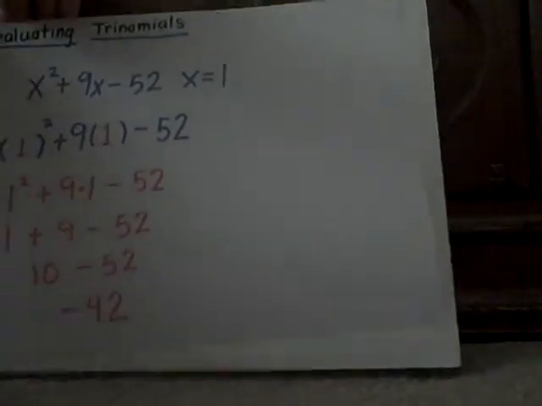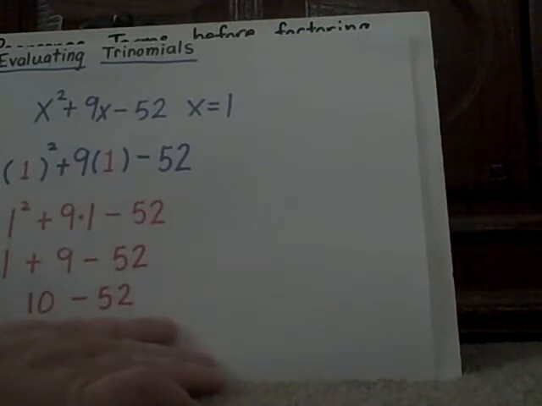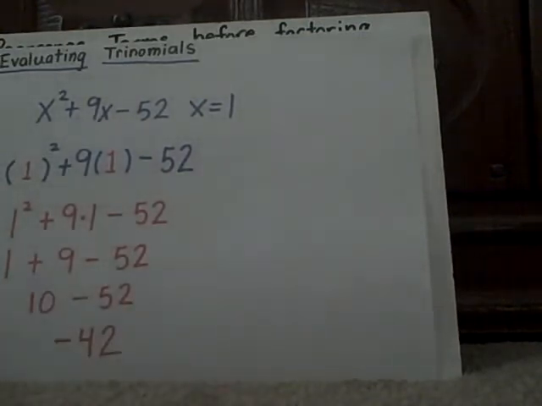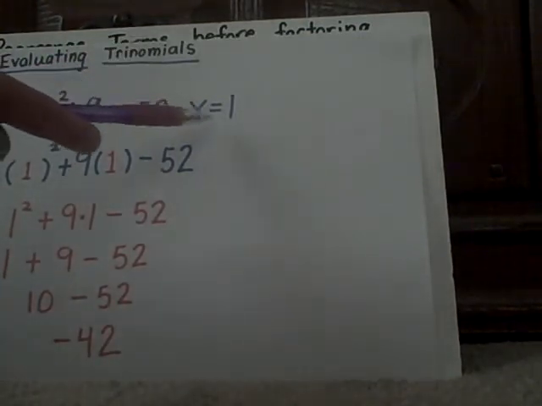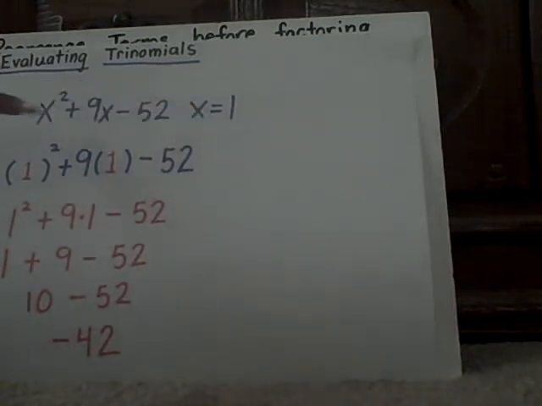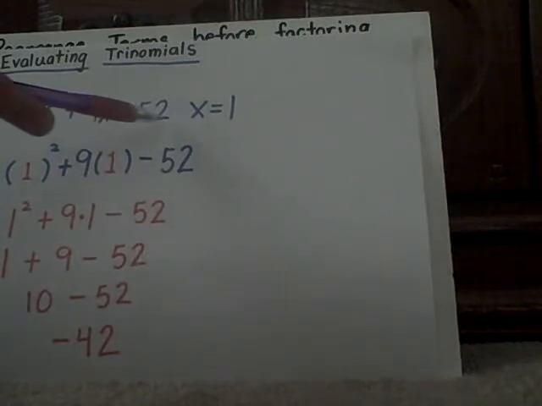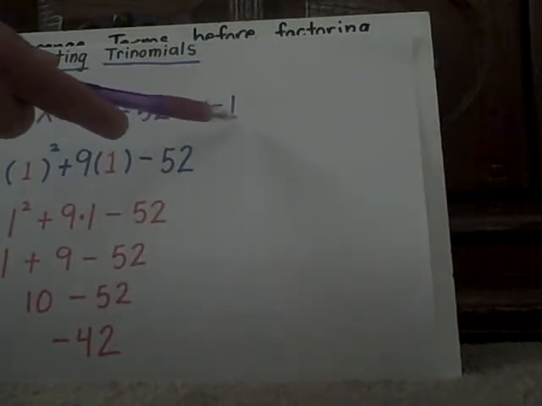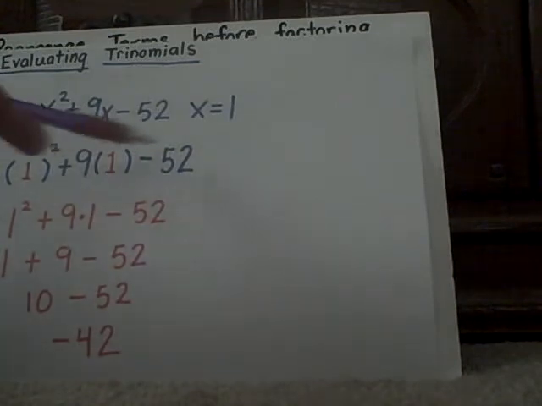The last thing that we need to talk about is how to evaluate a trinomial. To evaluate a trinomial, they're going to always give us a value to substitute into the trinomial. In this example, x squared plus 9x minus 52, we substitute x equals 1 into the trinomial.